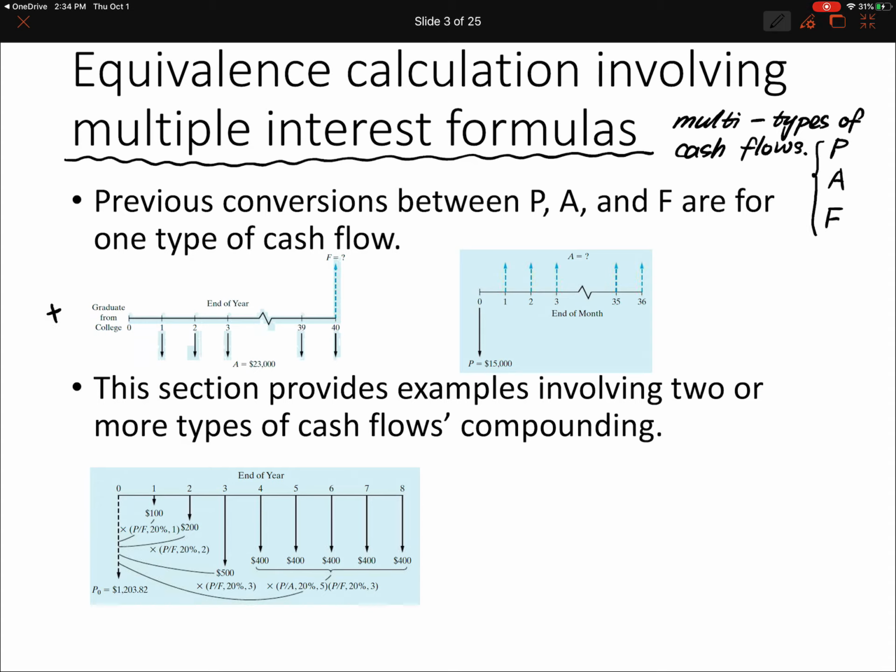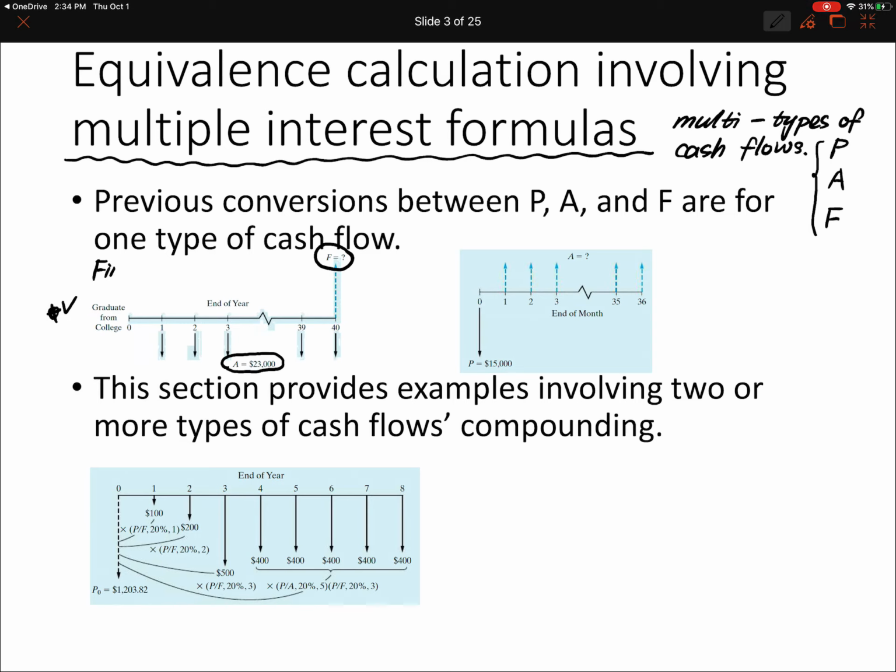So we talked about, for example, in this one, what we have on the timeline is just the annuity, right? That's our single type, one type of cash flow. And the question usually is, how do you find the future value from that annuity? How do you convert the annuity to a future value at the end of the timeline?